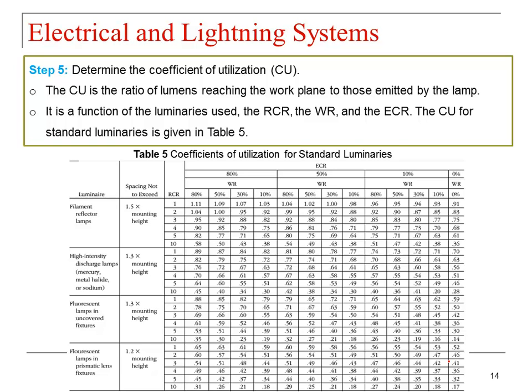So for example, if you have fluorescent lamps in uncovered fixtures, we have the limit in terms of the spacing. And also we have the information in terms of the ratios. So this is the coefficient of utilization.